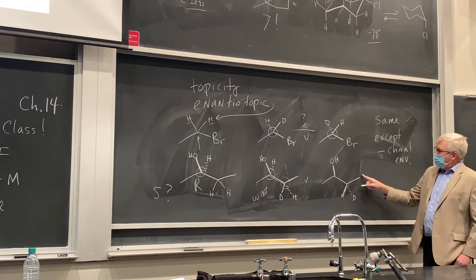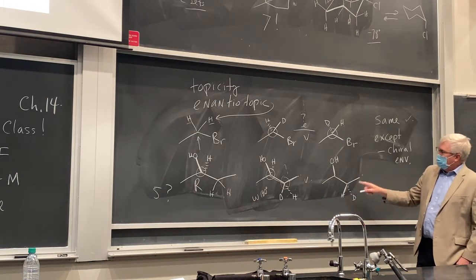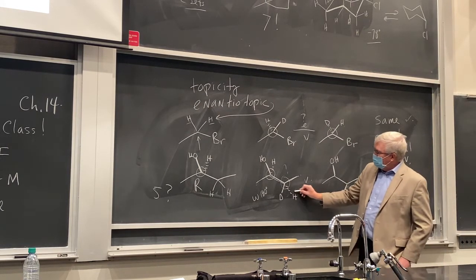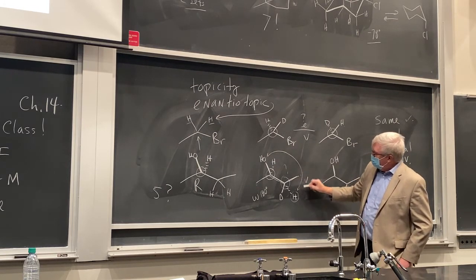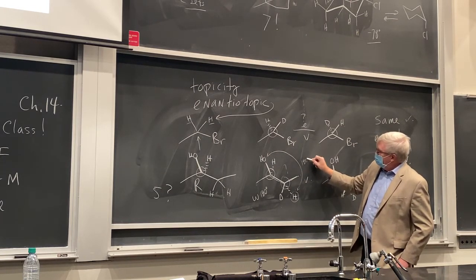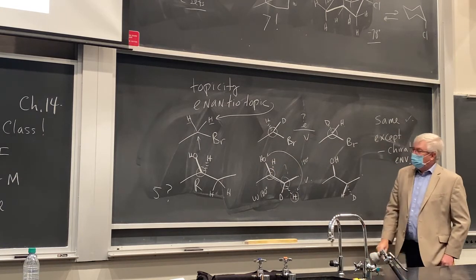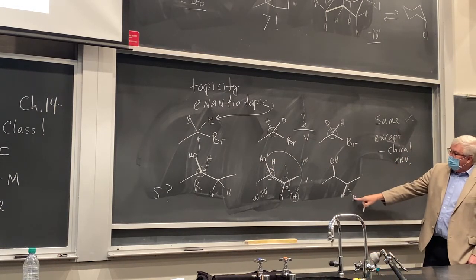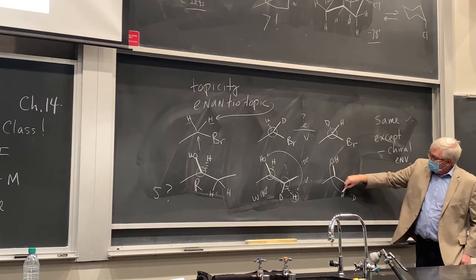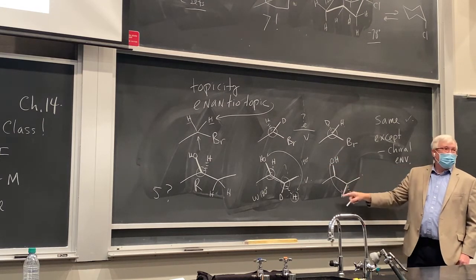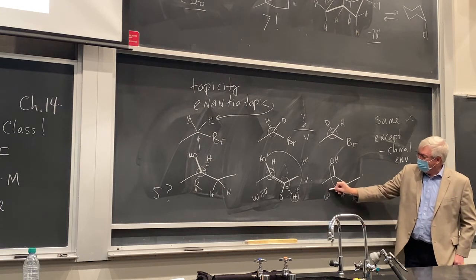Keep this 180 degrees to it. Okay. And you'll see this hydrogen here is what? 180 degrees to that oxygen. And then when we do the deuterium on the other thing, look, this hydrogen is what? What's that angle now? 60 degrees.